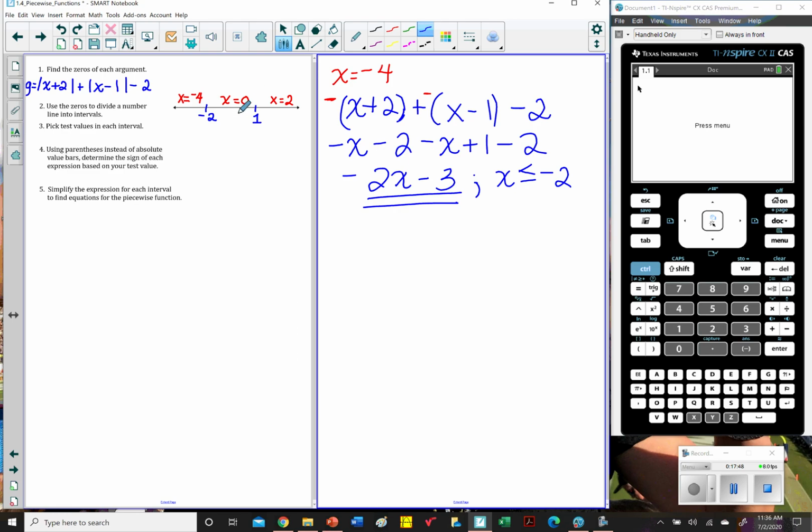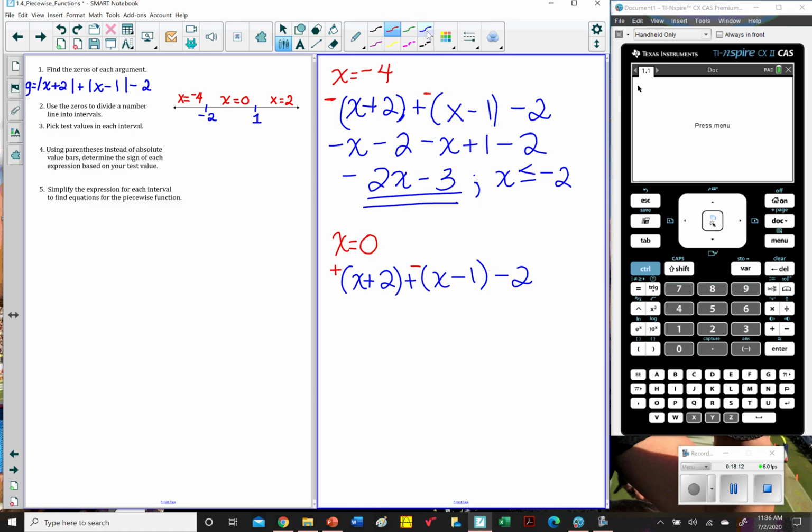Next, we're moving to the middle section when x is 0. So we want to do that same process again when x is 0. Testing 0 into the equation without the absolute value bars. So if I test a 0 here, I end up with a positive number. And if we test 0 here, we end up with a negative number.